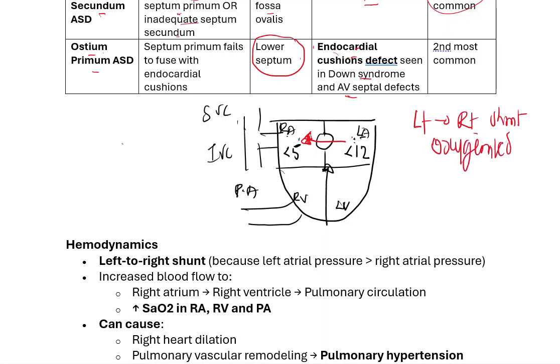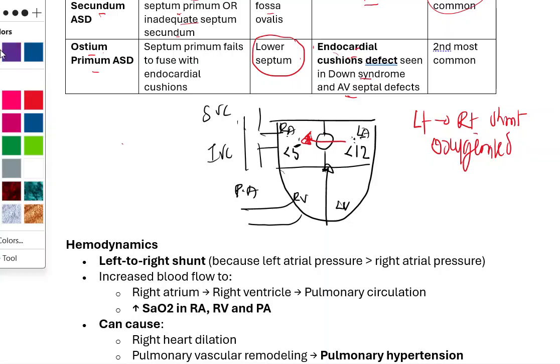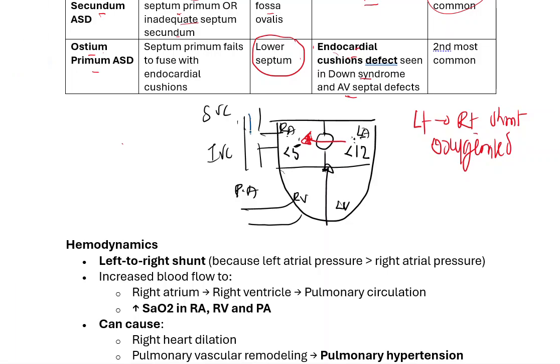Oxygenated blood. So that means, remember, blood is also coming from the SVC and IVC, right? And what type of blood is that? Deoxygenated blood. So because of the mixing of blood in the right atrium, there has to be an increase in oxygen saturation in the right atrium.